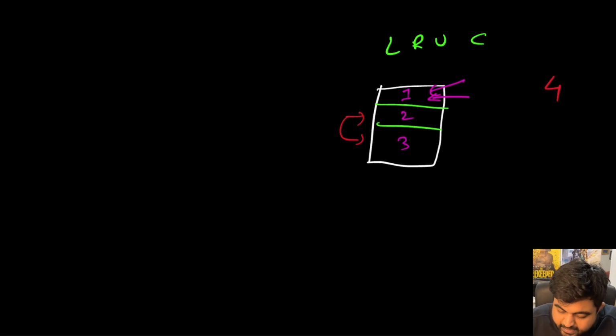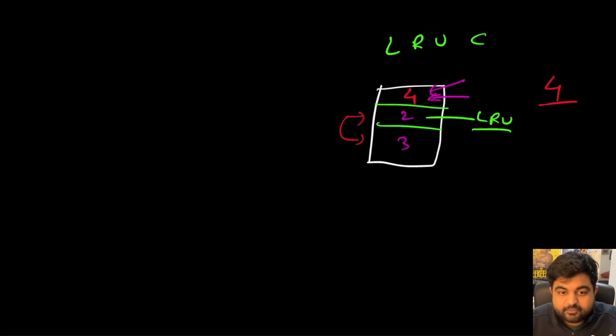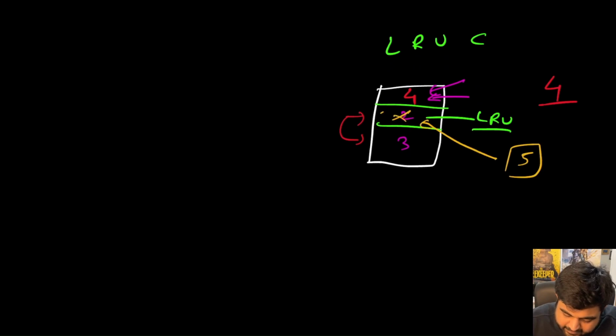So if I have to add value number 4 inside the cache, I need to kick out 1 and add 4 over here. But in this scenario, now the least recently used item is going to be value number 2. And if the next element I need to enter is 5, then I need to kick out 2 and add value number 5. But now 3 is the least recently used.